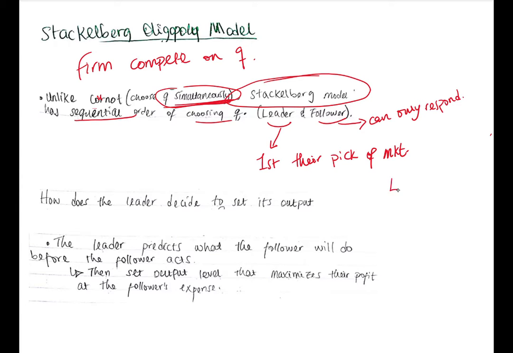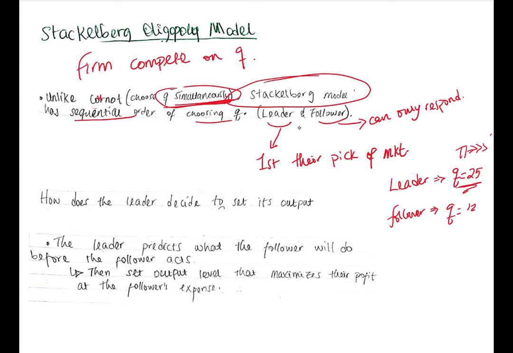So if the leader produces a Q that is 25, then the follower usually cannot produce as much as that Q, and we'll see that with the equation. They have to pick whatever is left of the market, whatever the leader was not able to provide, and sometimes that might be 12 or some lower number, which means that the leader with the higher quantity ends up with the higher profits, a lot of profits compared to the follower.